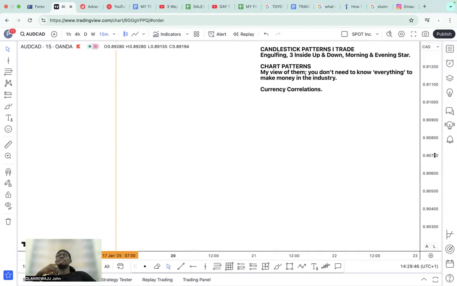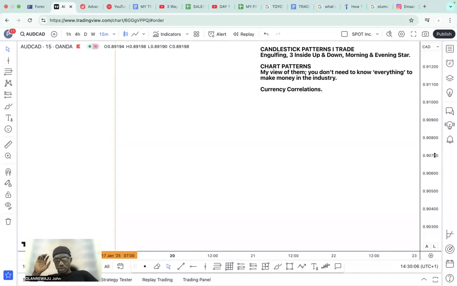All right, so as we make progress, I want to talk about candlestick patterns first. After that, I'll go into how to make sense of everything to take a trade. So this alone is one strategy on its own.